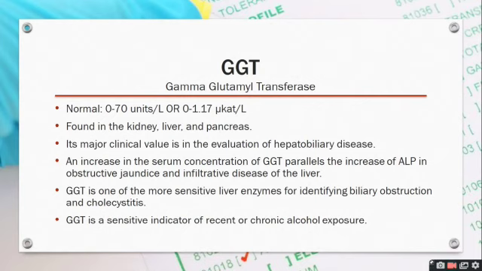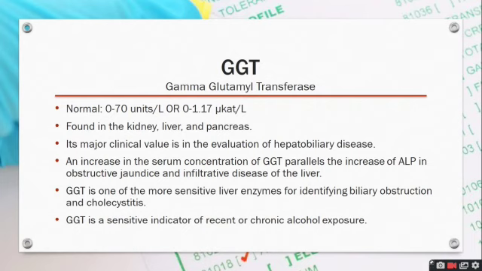An increase in the serum concentration of GGT parallels the increase of ALP in obstructive jaundice and infiltrative disease of the liver. GGT is one of the most sensitive liver enzymes for identifying biliary obstruction and cholecystitis.